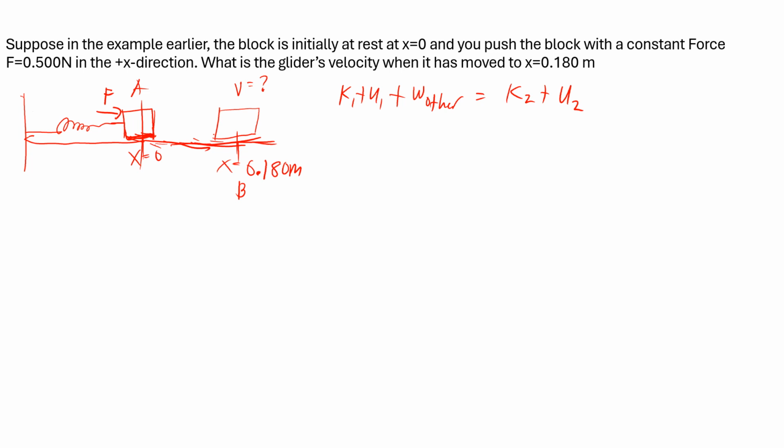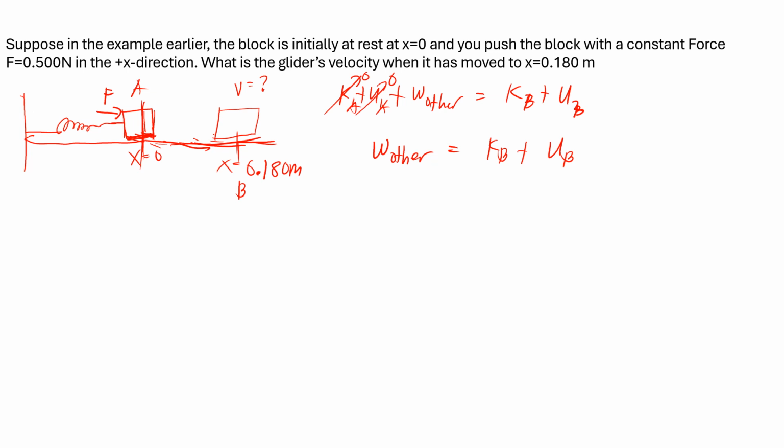Since our body is initially at rest at x equals 0, our K1 is 0, and since it is at its equilibrium position at point A, U1 is also 0. So the formula reduces to KB plus UB.